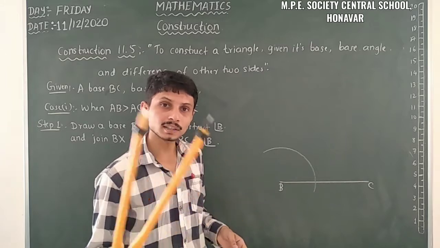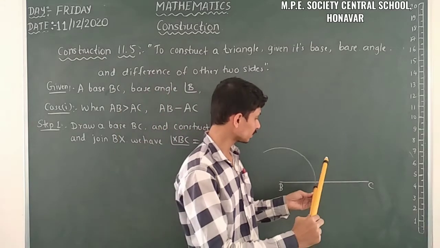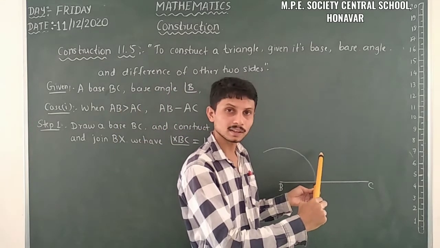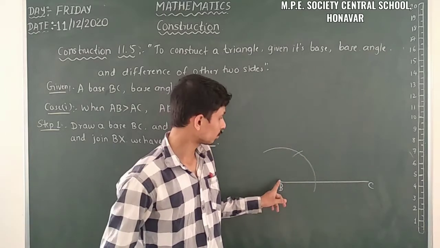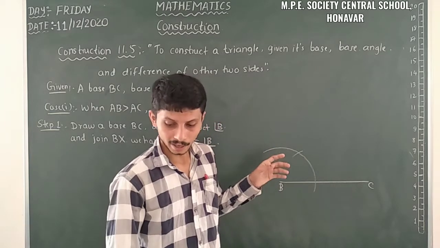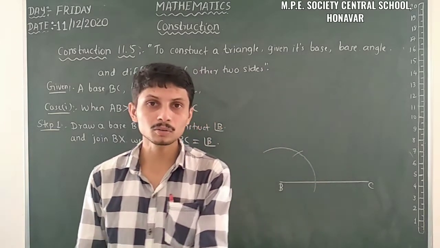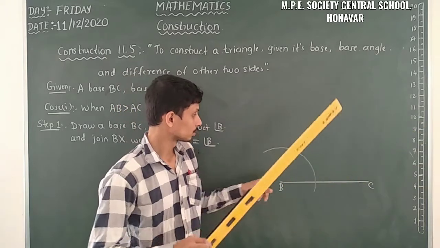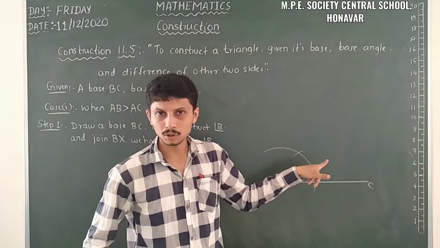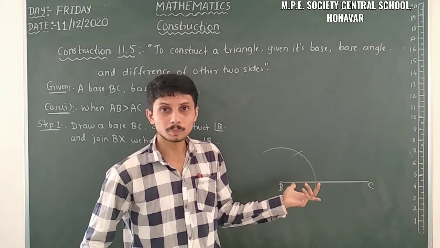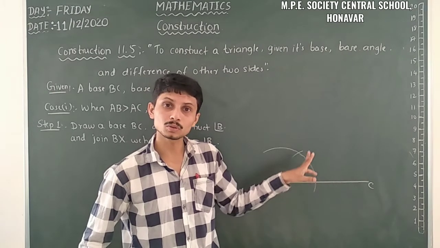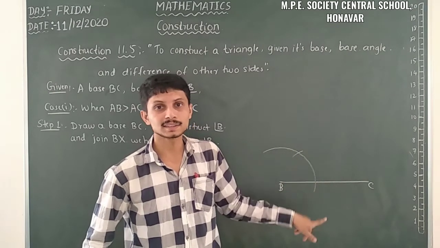Taking the same radius and the intersecting point as the center, cut this curve. You can also use a protractor to draw an angle less than 60 degrees.